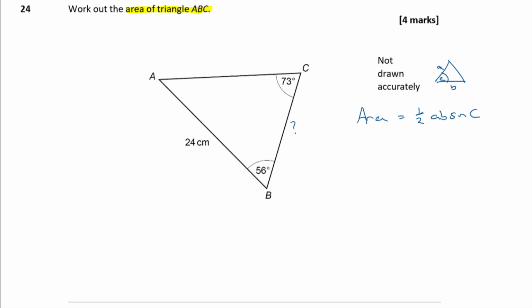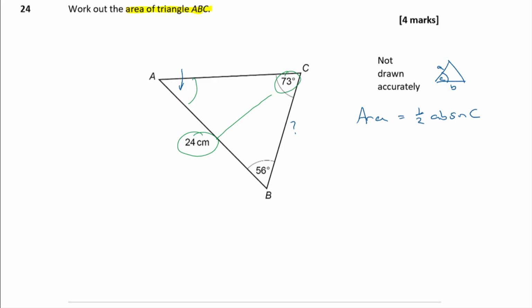I could use the sine rule because I've got lots of angles and a side here, and the sine rule uses opposite pairs. So I've got that one there which is opposite that one there, so that could be one pair that I use for the sine rule. But given that I want the other side over there, I'm going to find this angle first. 180, take away the other 2 then, isn't it?